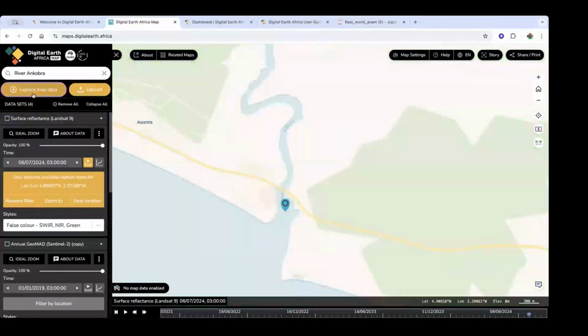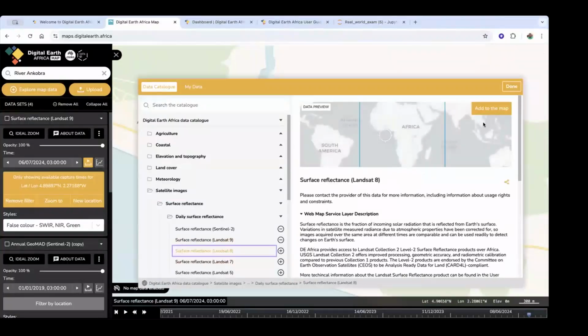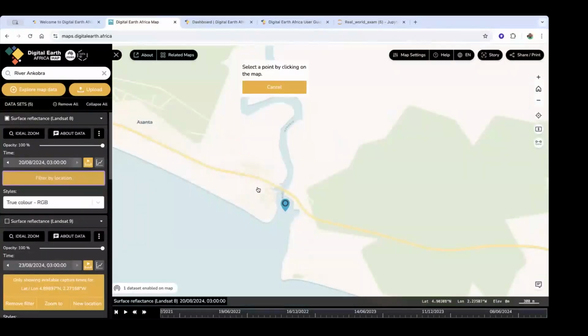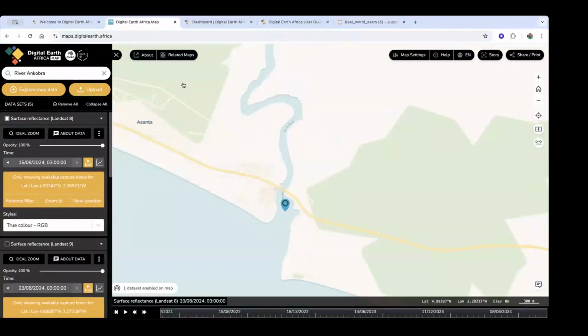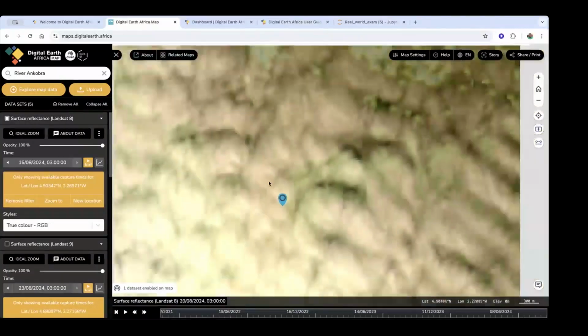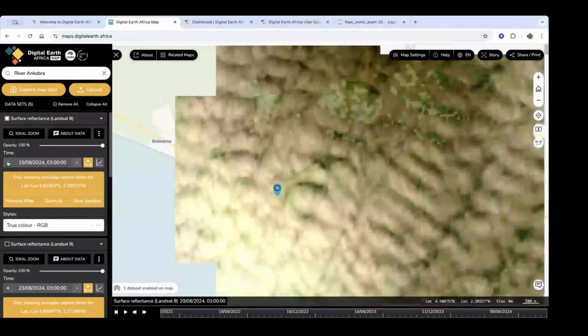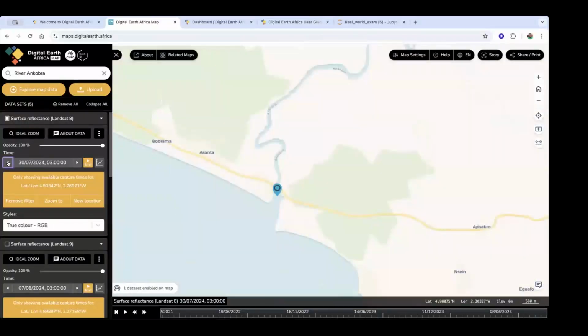Then you can also add Landsat 8. That's a good thing. You can have a lot of comparison. Then you can also view this in our Africa Geo Portal as part of our collaboration with Esri, which is really empowering everybody to use different platforms.